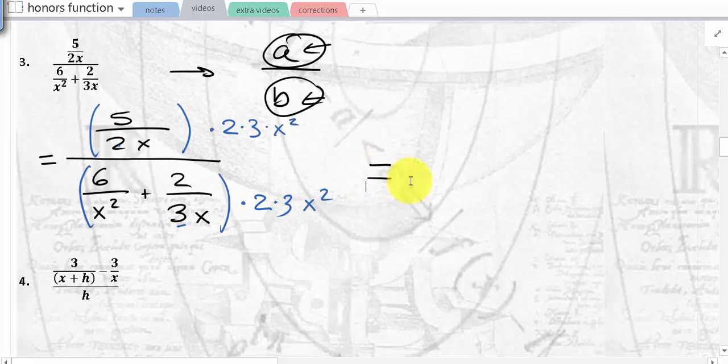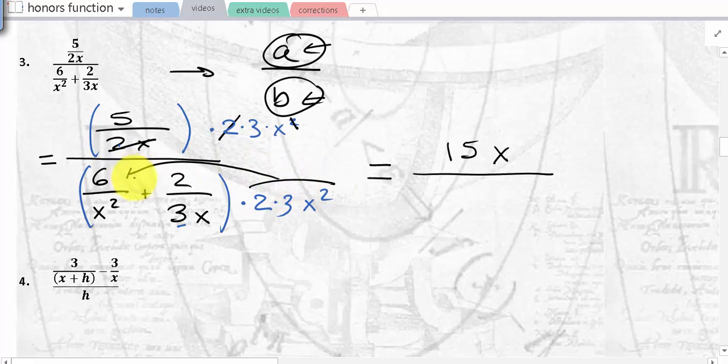What do I have? Well, 2x will go with this 2 and this x, so we're left with 5 times 3x, 15x. Over here, you have to distribute it over this and over this, right? So the x squares will go, and you're left with 6 times 6, 36, plus, and here you have 2 over 3x times 6x squared.